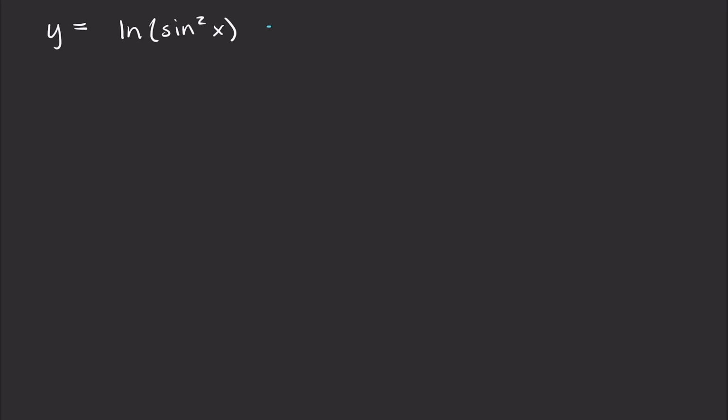So this is the same thing as natural log of sin x squared. So again, only the sine is being squared. And so we can use the property of logs to bring this out front and just get 2 times the natural log of sin x. Now that's pretty easy to take the derivative of.